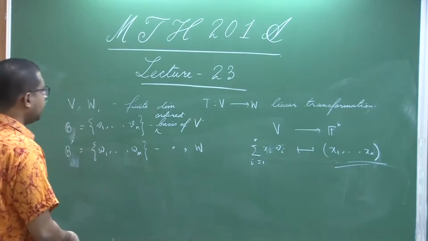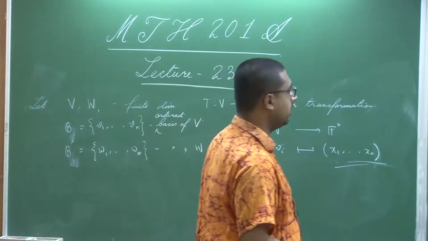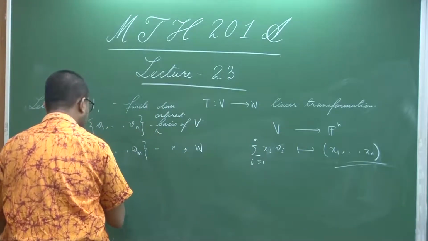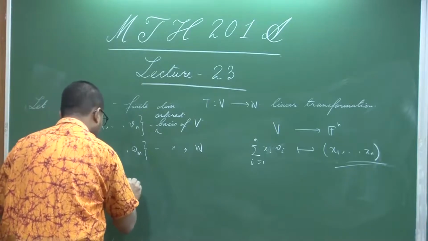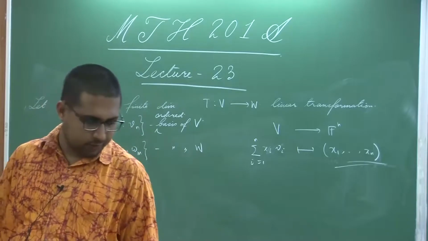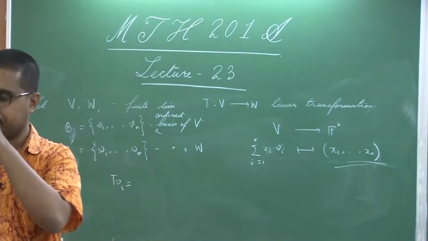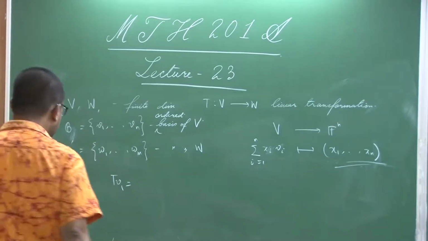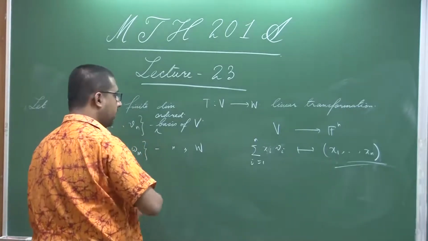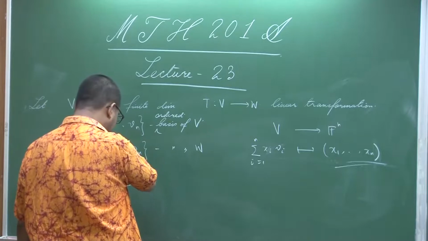Now we will introduce the matrix representation of this linear transformation. So T V1 is a vector in W. Therefore we would like to write it as a linear combination of elements of that basis.